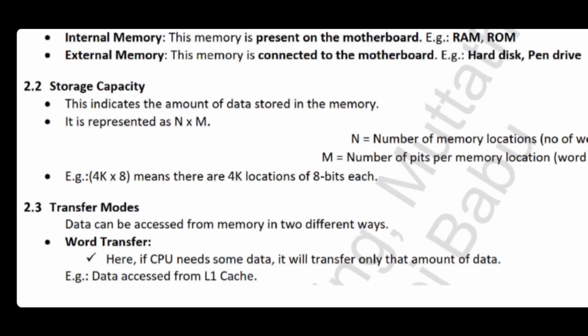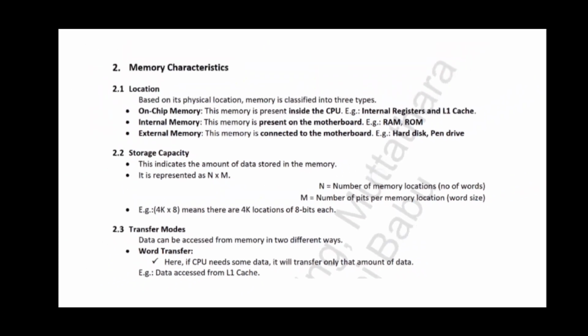Word transfer transfers only the required amount of data. If we request some data from the memory, then the memory provides only that requested data to the cache, or from the cache to the CPU. That is called word transfer.